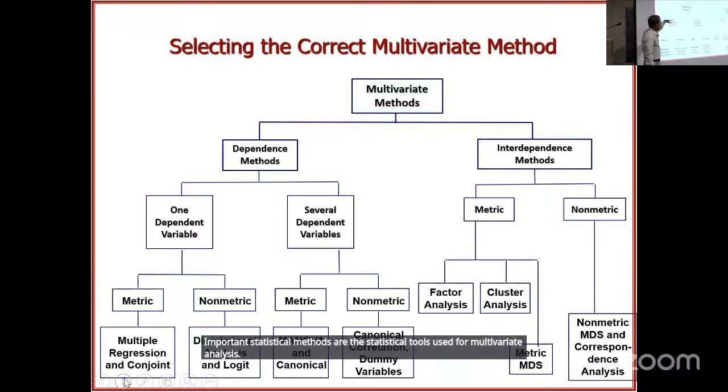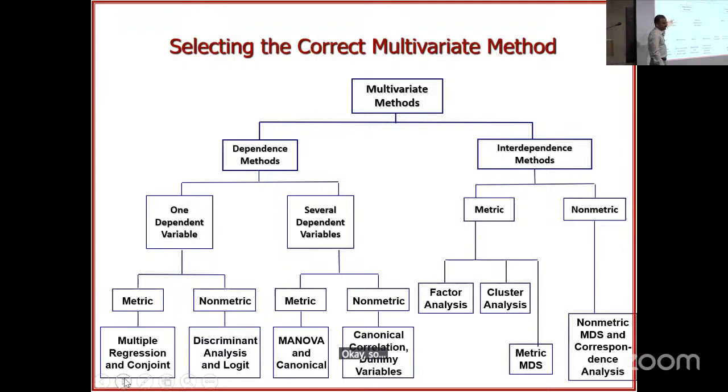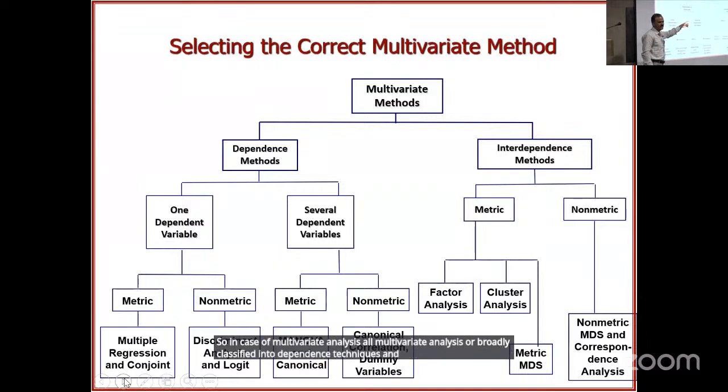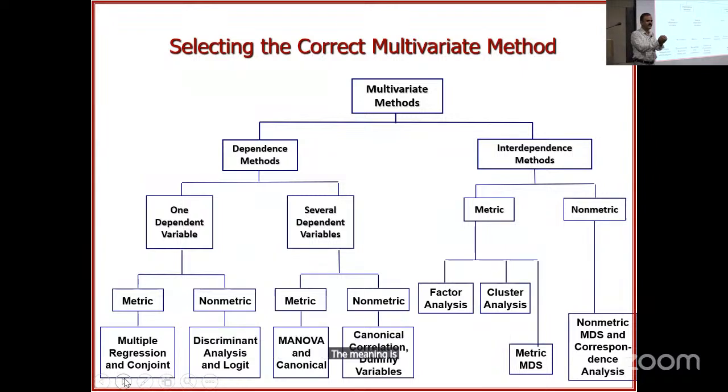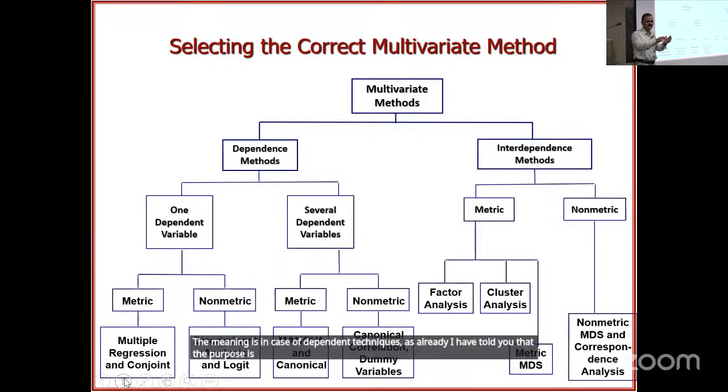Okay, so before getting to the earlier type of criteria, all multivariate analysis is broadly classified into dependence techniques and interdependence techniques. The meaning is, in case of dependence techniques, as I have already told you, the purpose is to measure causality, the cause and effect type of relationship.